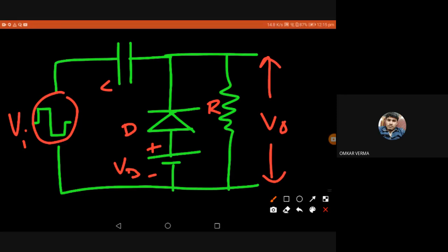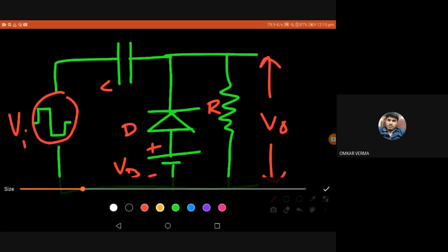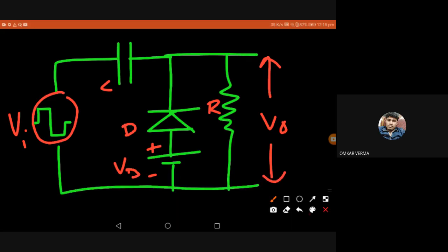So I'll say the V input is plus 10, minus 10, and VB you can take as 4 volt, just for some practical considerations so that we can draw the waveform.